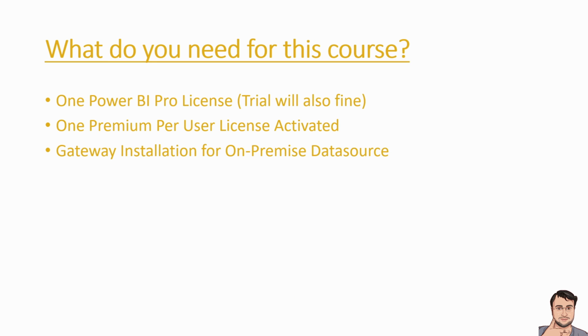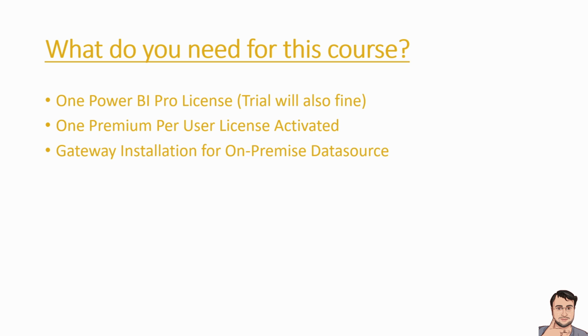Now let me talk about what you need before we get started with this particular course. Make sure that you have activated one Power BI Pro trial license and one Power BI Premium per user license, because in this data flow step by step series I am going to explain some premium features as well.